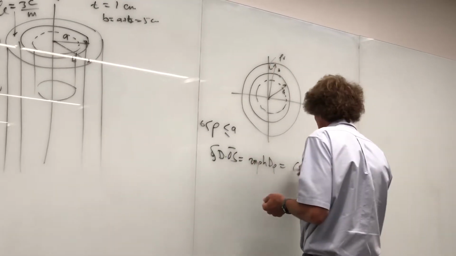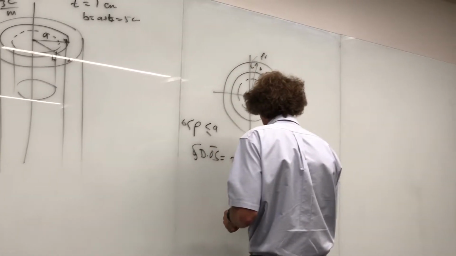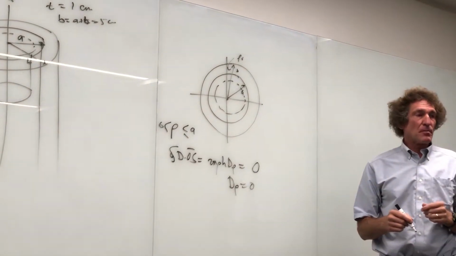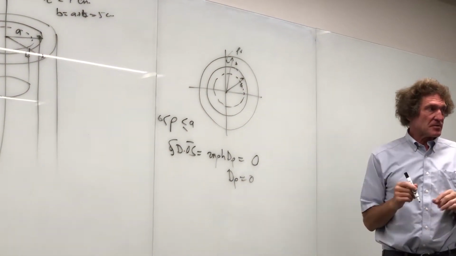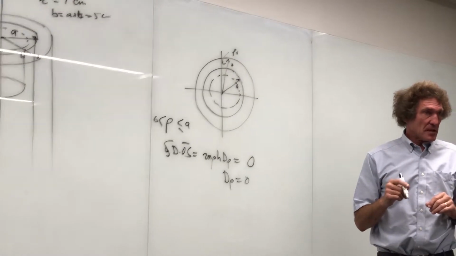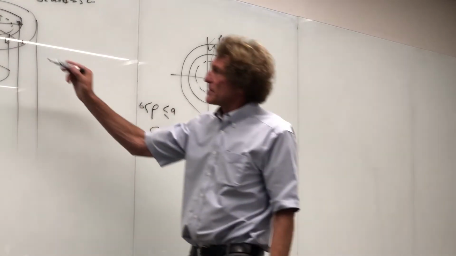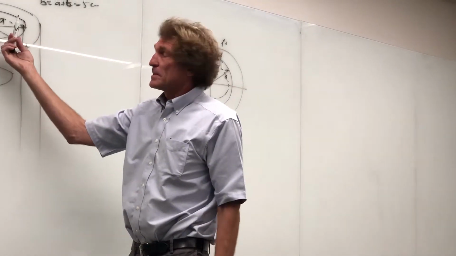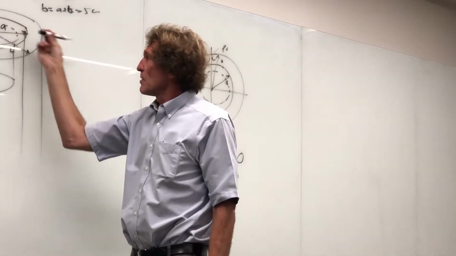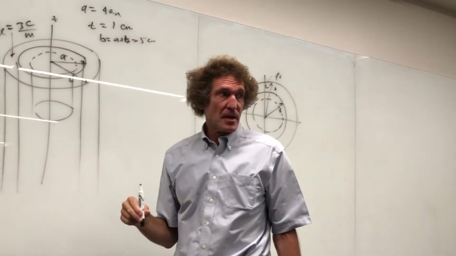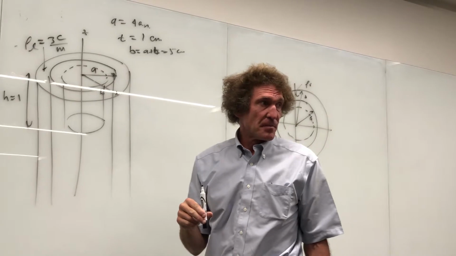Well, the charge enclosed is 0, so that's the end of the story. D rho is 0 for that, period. And you don't worry about the top or bottom because the D field's in the radial direction, right? Correct, class? The integral of D dot dS on the top of the can, the dS is in this direction, rho is in that direction, so the dot product is 0. Does everybody understand this, class?